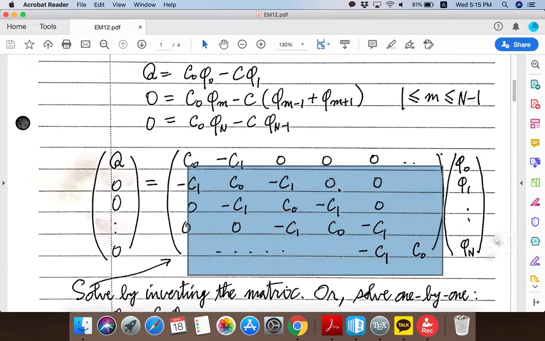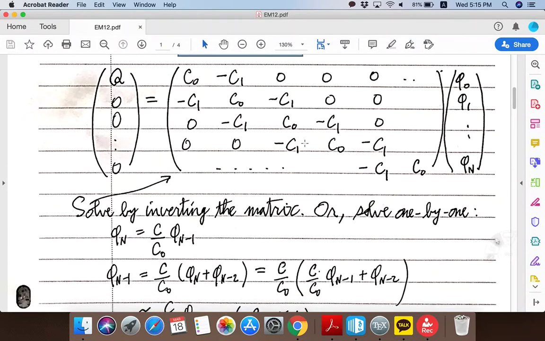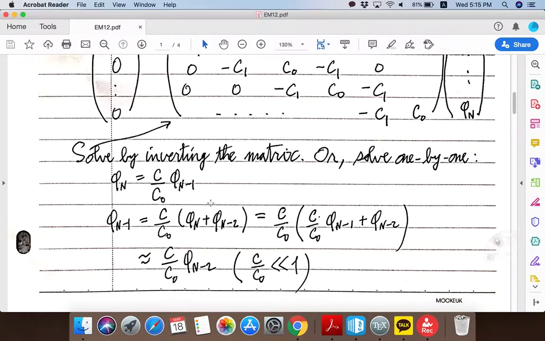Okay, so the approach is to solve these equations one by one, starting from the one at the far right. So solving this equation is pretty simple, and it will give us the potential at the far right conductor phi n in terms of the potential on the conductor to its left.